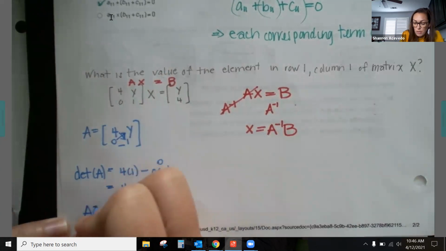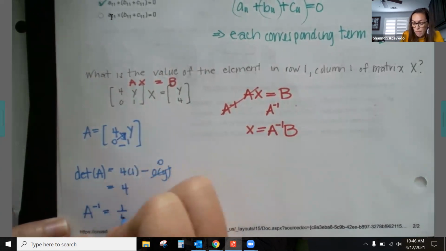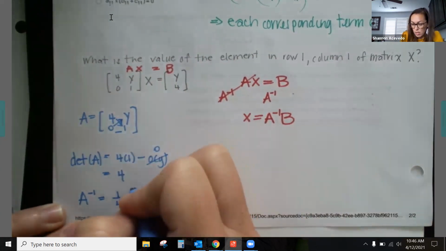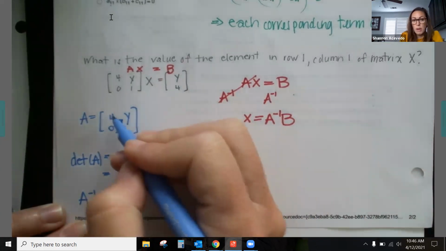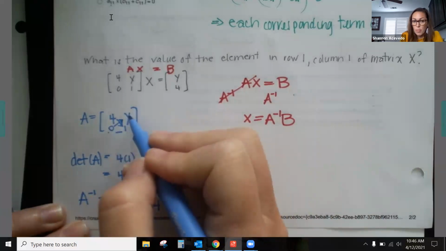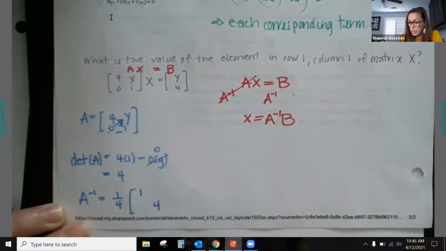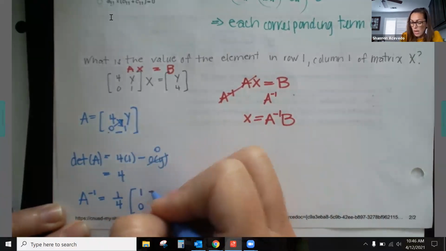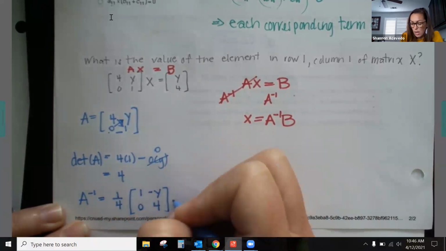So my inverse then is going to be 1/4. I switch my 4 and my 1, those switch locations. My 0 and my y take the opposite sign. 0 just stays 0. My y becomes a negative y.